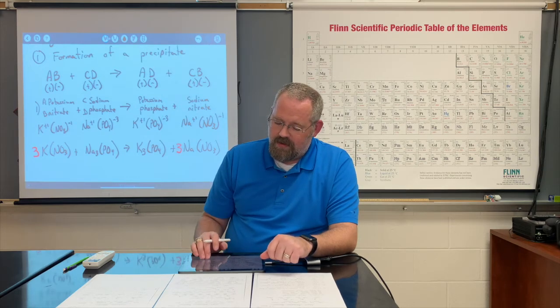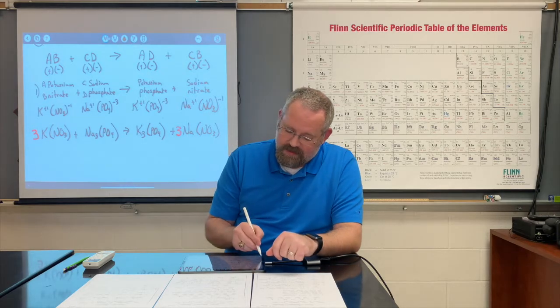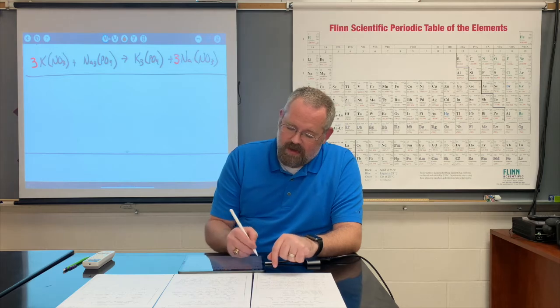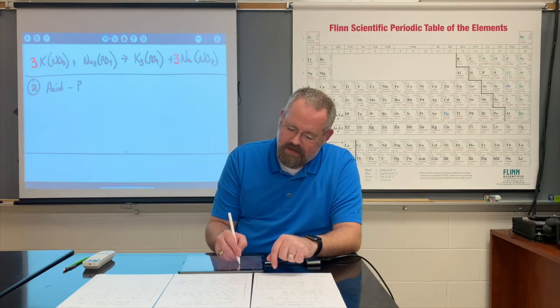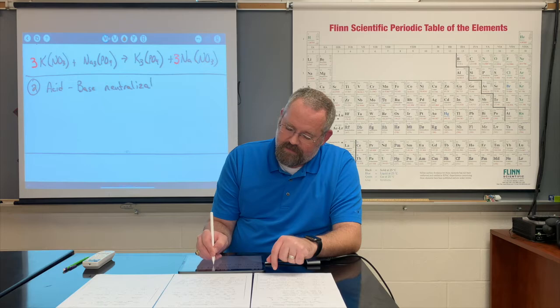Okay, so to make sure that you understand your positives and your negatives. Okay, the second type we're going to do, we had formation of a precipitate. Now we're going to do an acid base neutralization.